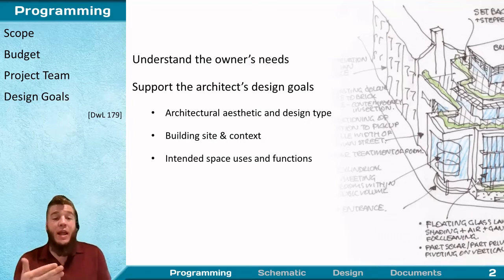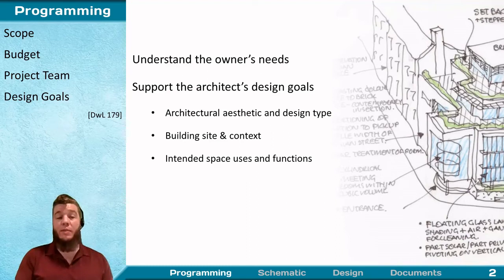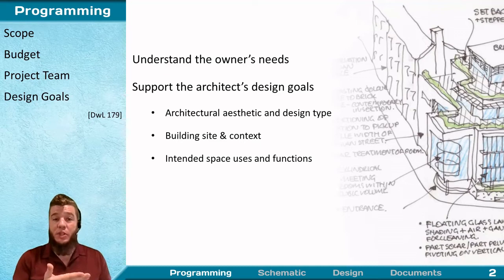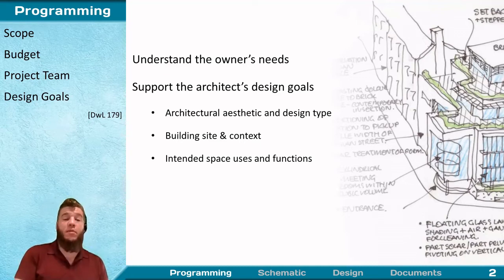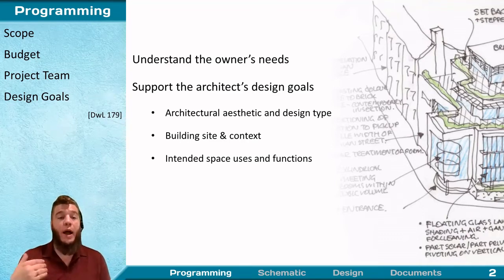So you may not actually be interacting with the project owner in any substantial capacity. That may be all through the architect, which means that in that case, you're not really just understanding the owner's needs, though that's crucial. You also need to explicitly support the architect's design goals, because usually you're on a project team reporting to an architect or an architecture team.